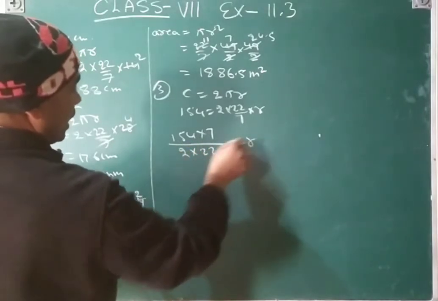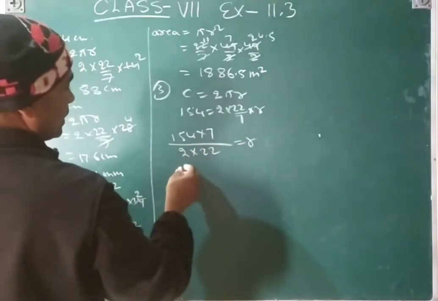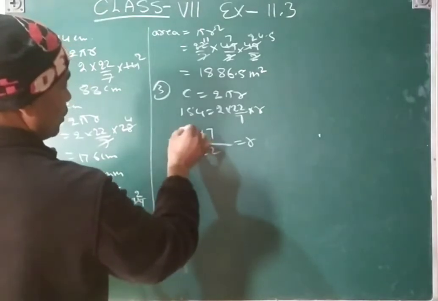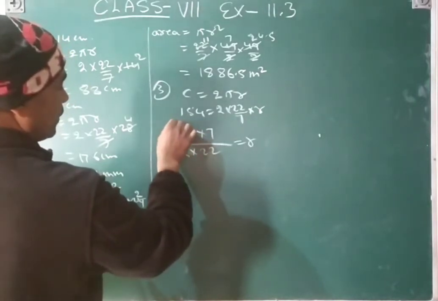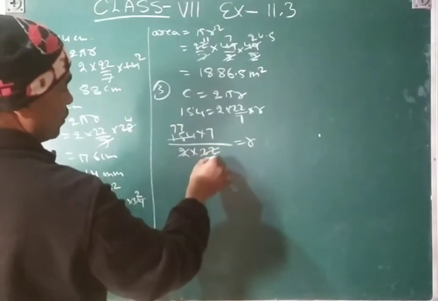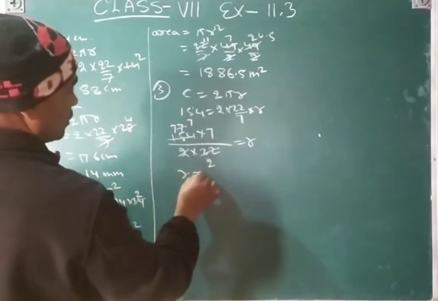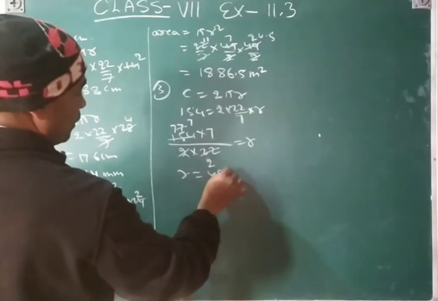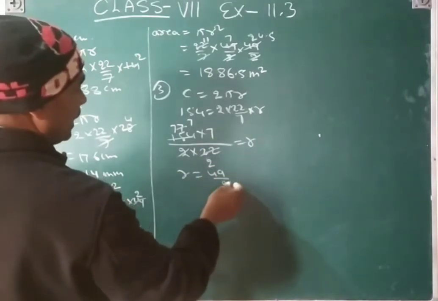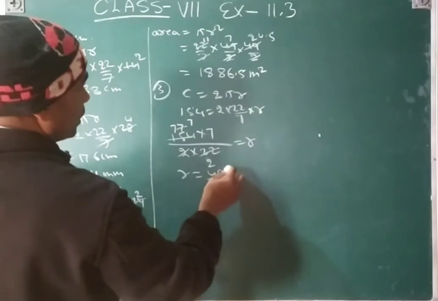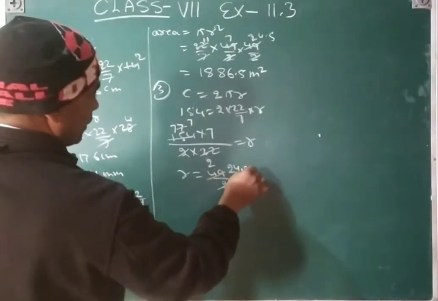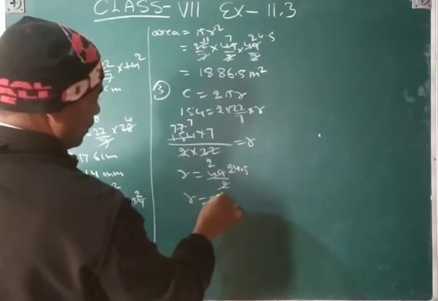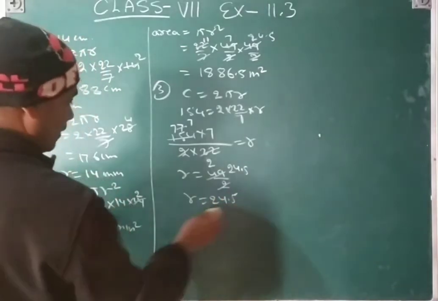So that will be r. Cancel by 2, 7 2 ja 14, and then by 2, 11 2 ja 11 7 ja. So r is equal to 49 upon 2, or you can write in decimal form also, that will be 24.5.